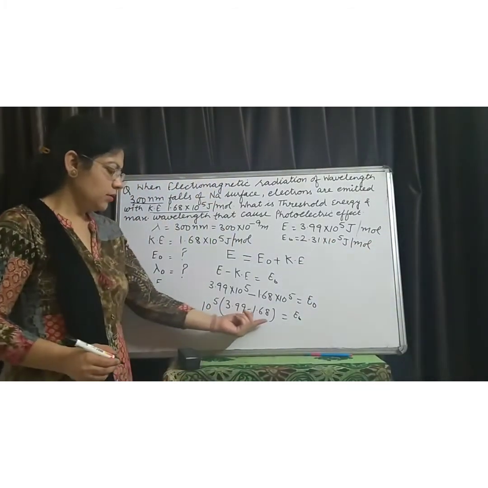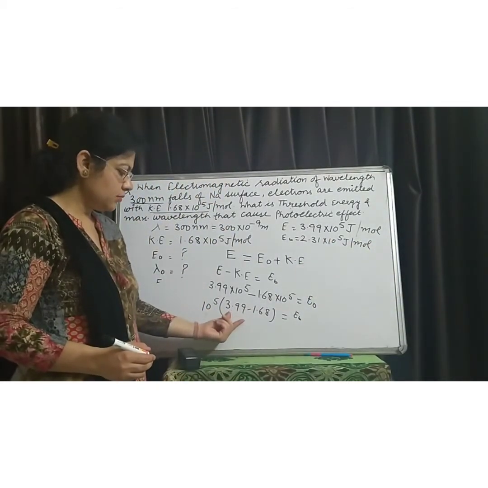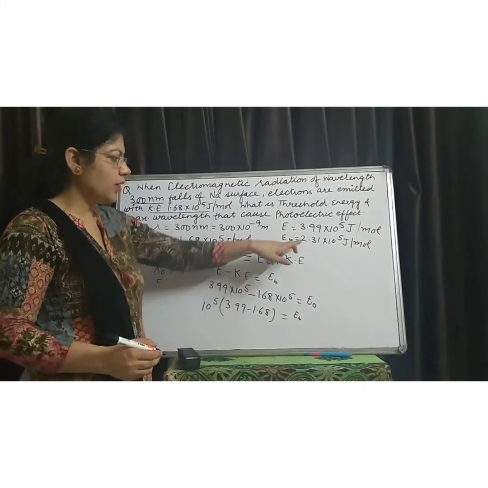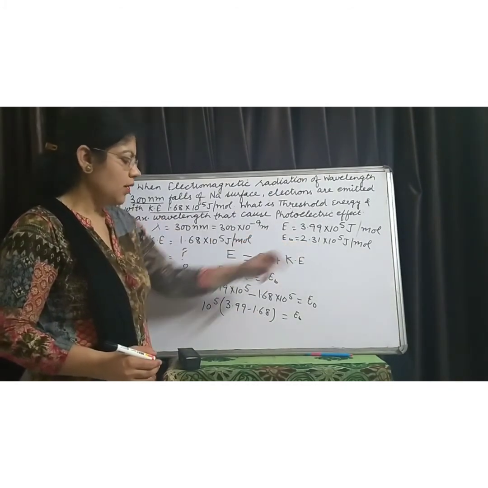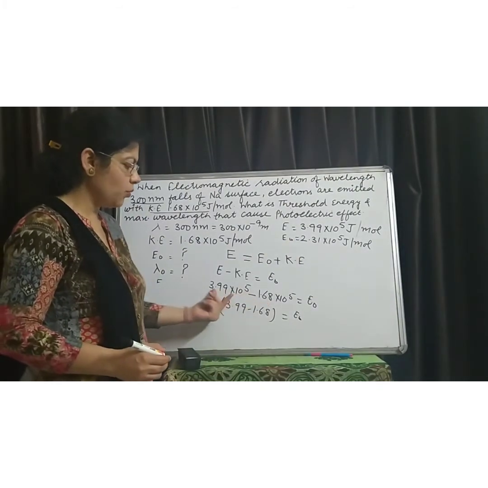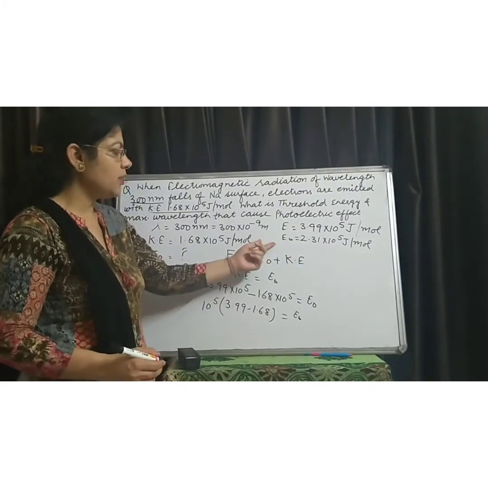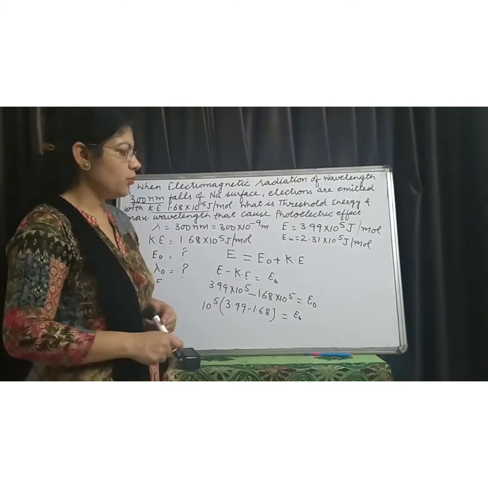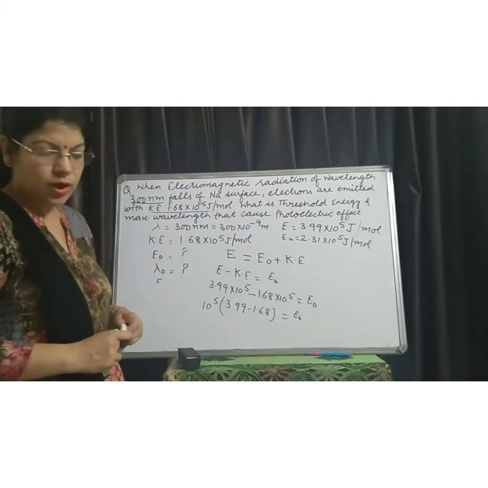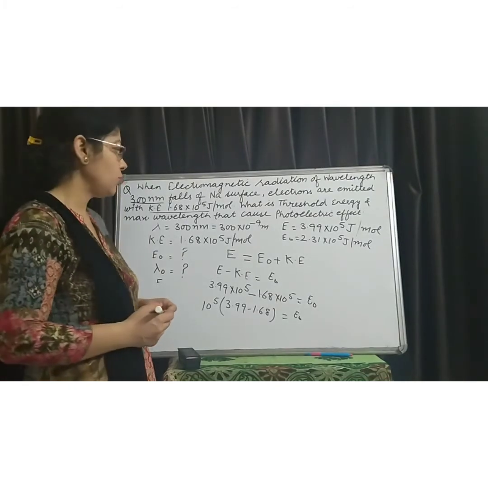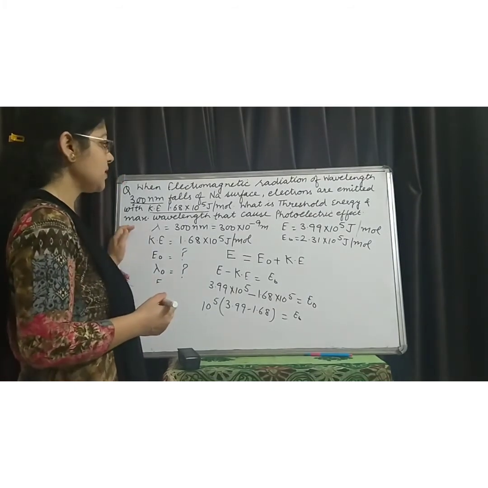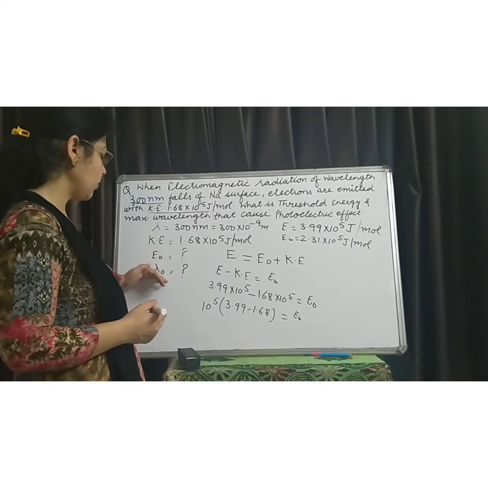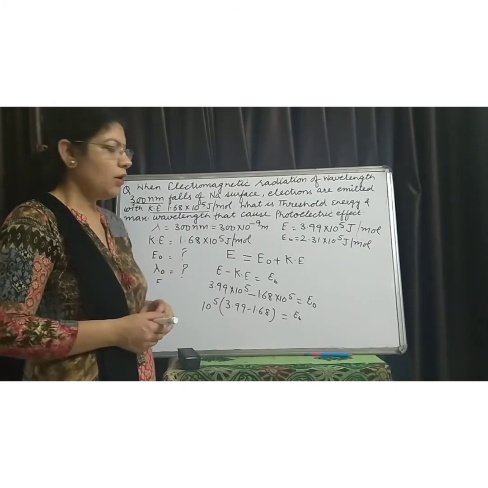When you subtract 1.68 from 3.99, you get 2.31, and 10^5 is common in both. So the threshold energy is equal to 2.31 × 10^5 joule per mole. Next, you have to calculate the maximum wavelength. Maximum wavelength means you have to calculate the threshold wavelength.